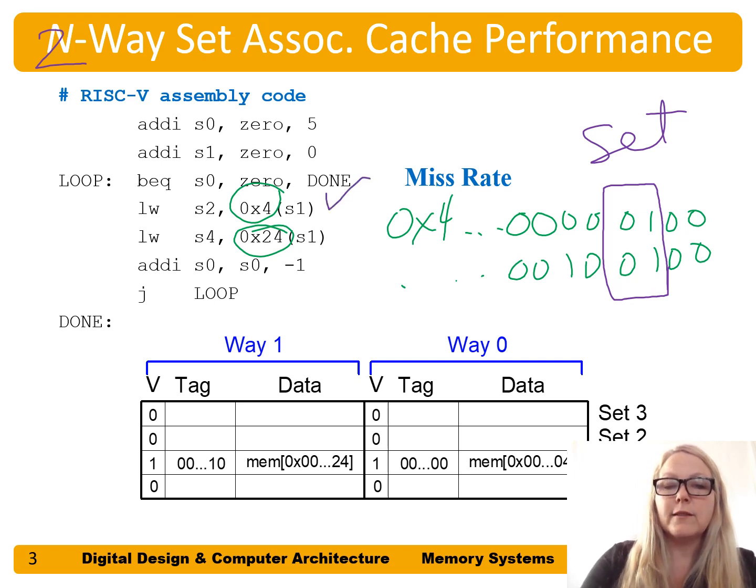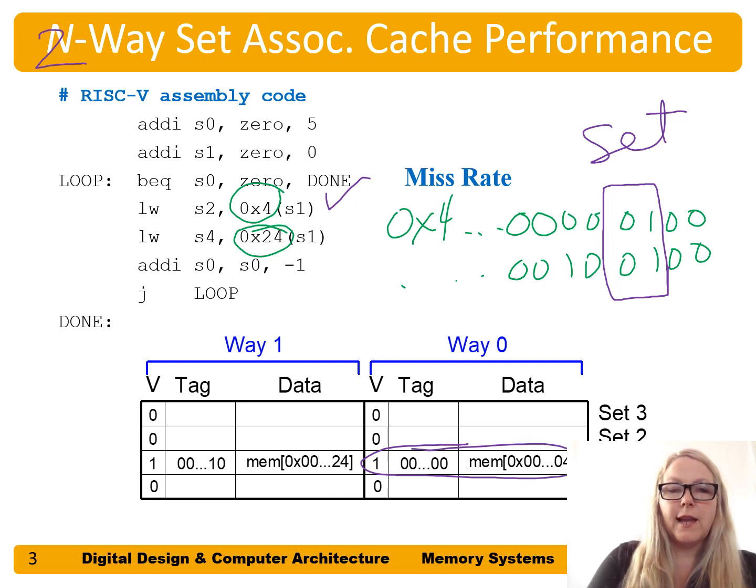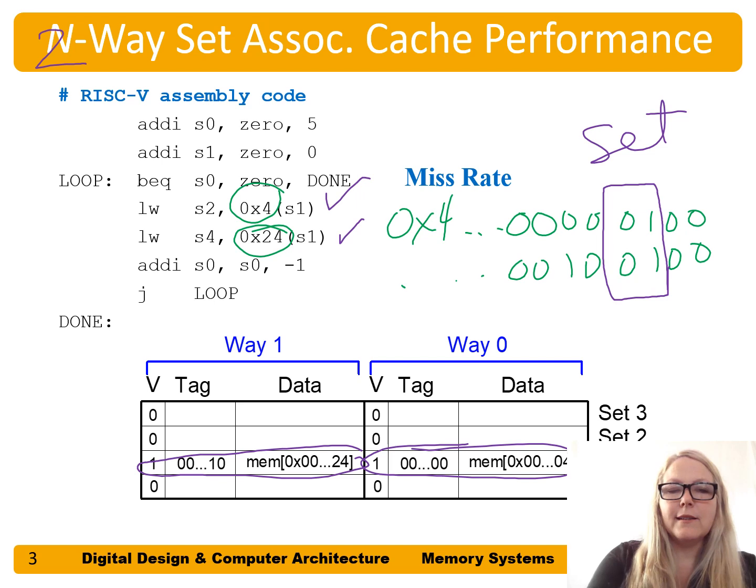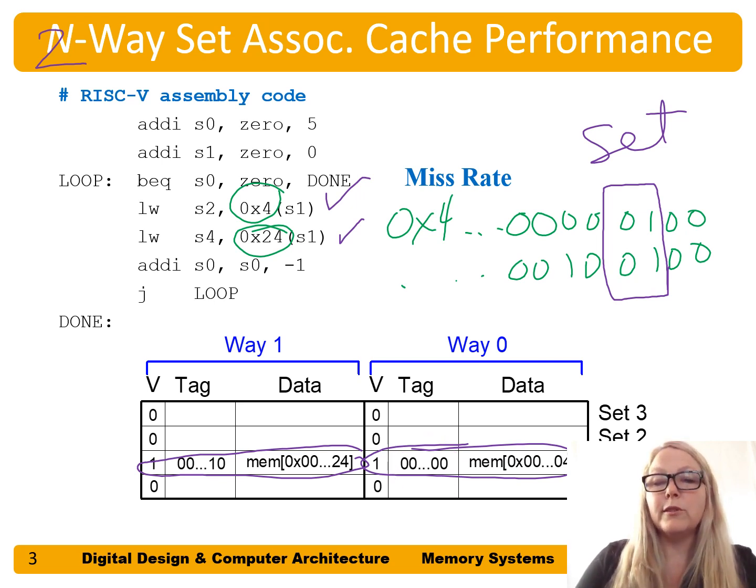So hex 4 is going to come in here and map to way 0, and then on the next access to hex 24, there's another way available, assuming the cache was cold, and so we map to that new way. And we put the tag bits, of course, for each of those addresses in. The first time through this loop is a compulsory miss.